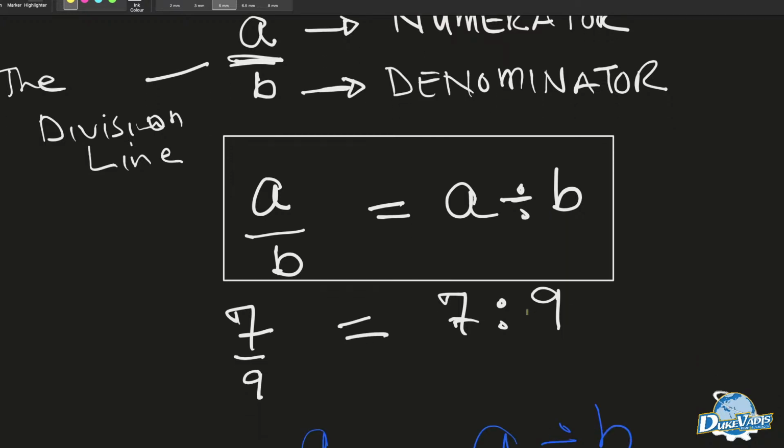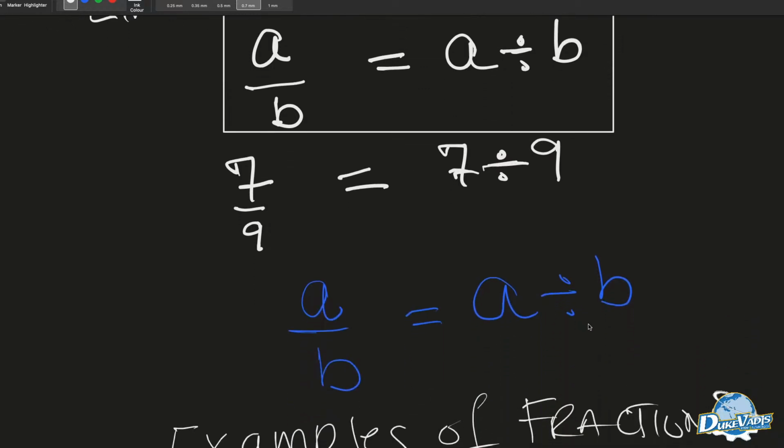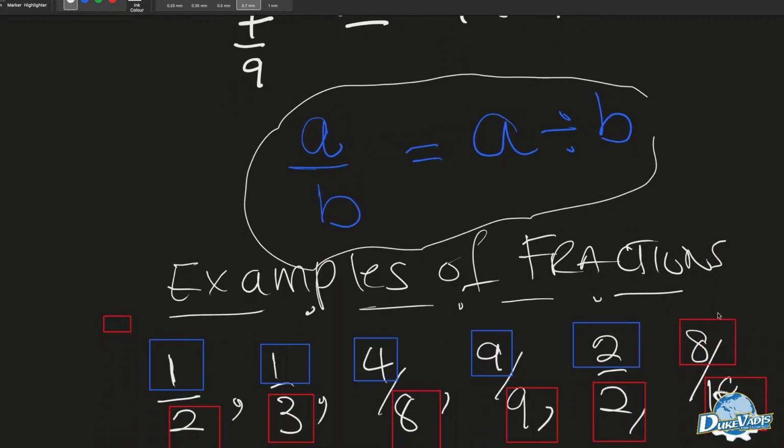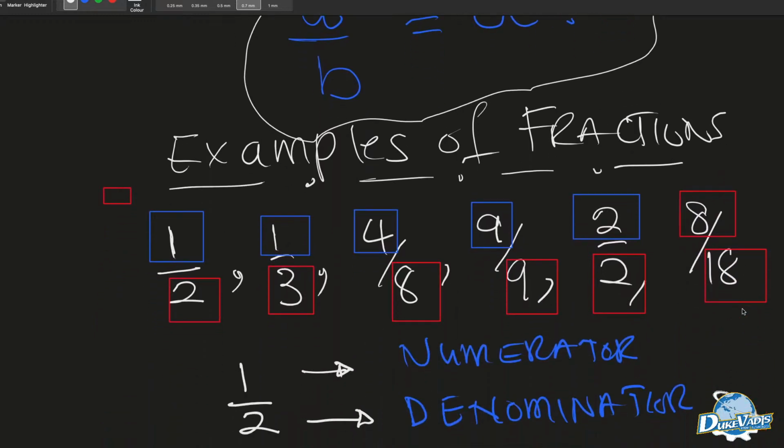So 7 over 9 can also be written as 7 divided by 9. So A over B can be written as this, as our fraction definition.